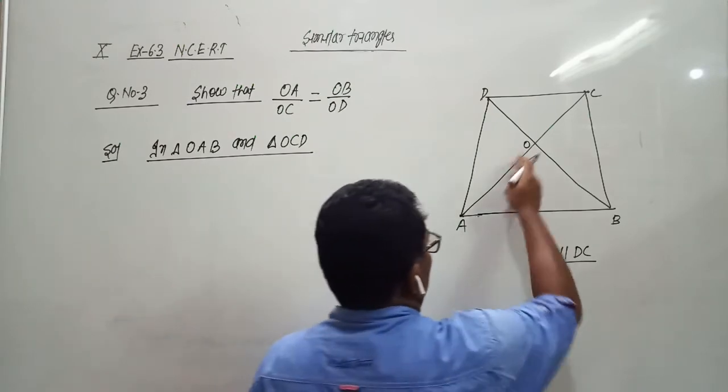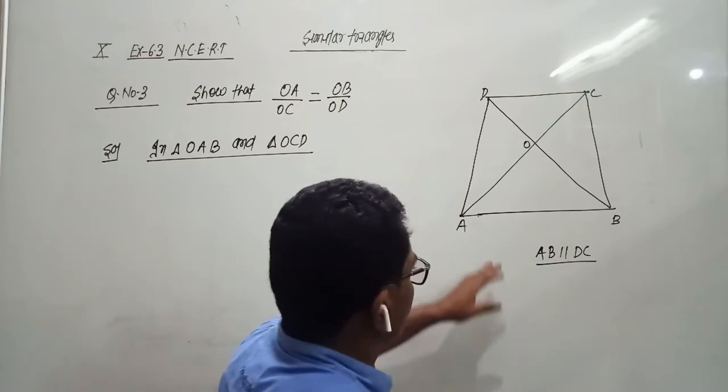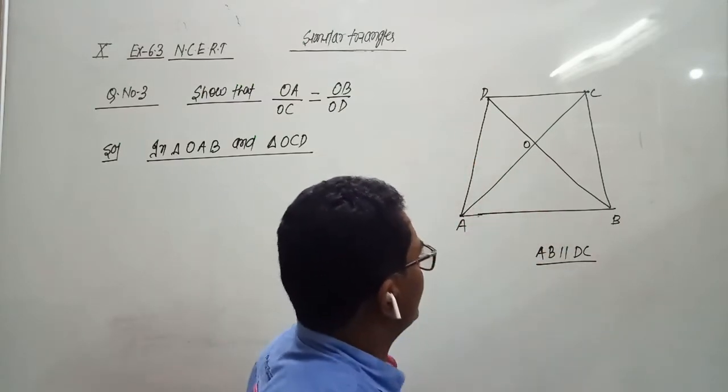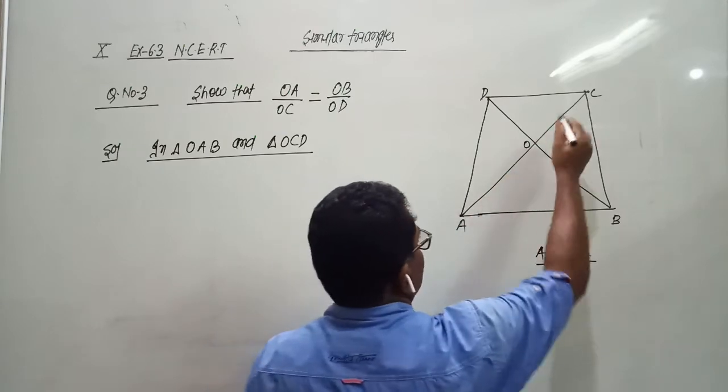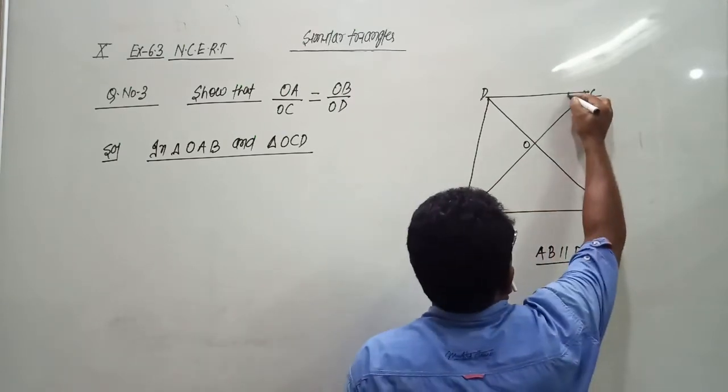In triangle OAB and triangle OCD, since line AB is parallel to DC and AC is the transversal, alternate angles must be equal.